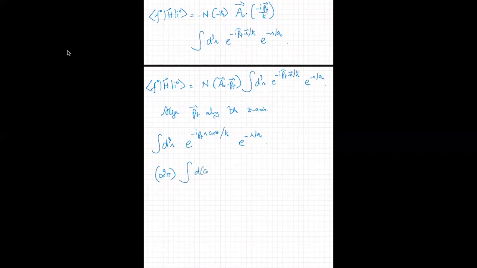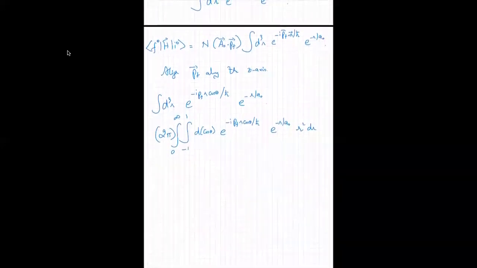The integration over the theta part I'll write as d of cosine theta from minus 1 to 1, which is basically d theta sine theta. I'm writing it as d of cosine theta, and I'm using the extra negative sign to flip the limits from minus 1 to 1. Then e to the minus i Pf r cosine theta over h bar times e to the minus r over a0 r square dr, where the r integration goes from 0 to infinity as usual. So the first integration is very easy.